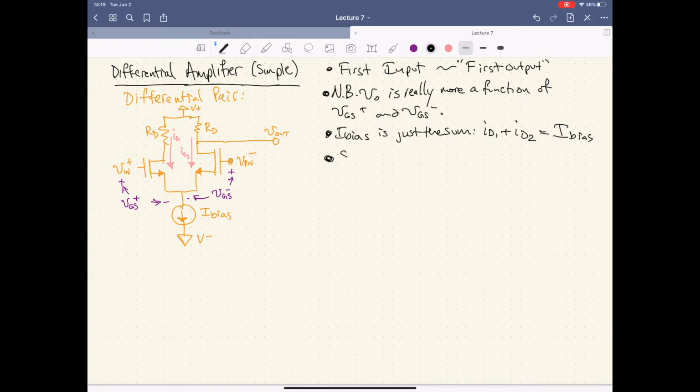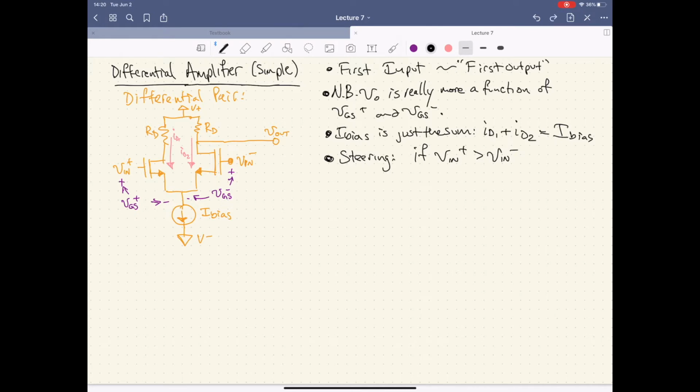Here we go, steering. So what do I mean by steering? Well, let's say VIN plus is greater than VIN minus, okay? Then what we have here is the potential VGS plus has got to be greater than the potential VGS minus, right?